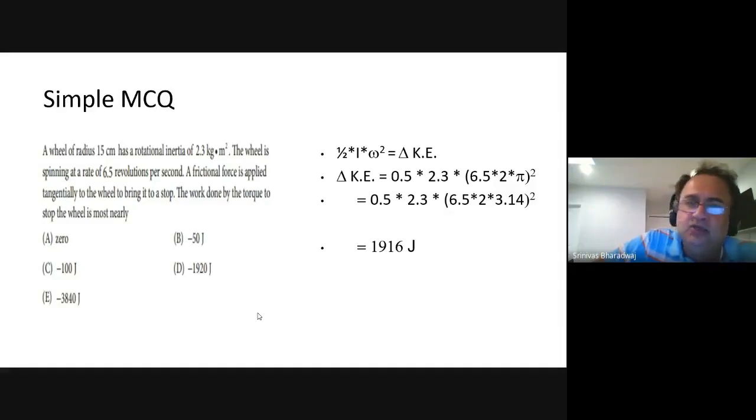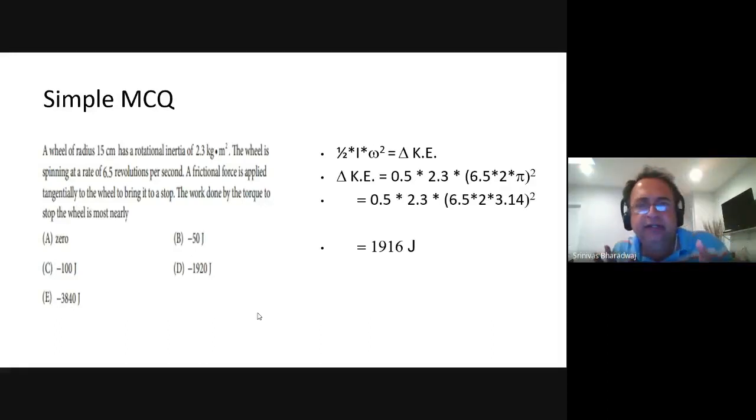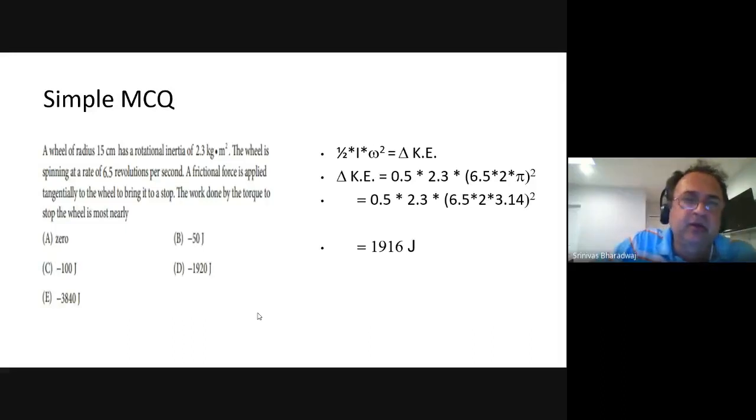Half I omega square will give you the change in the kinetic energy. Okay, so its initial energy is what? When you're rotating, it's half I omega square. Think of half I omega square also in this form. Every particle has a half m v square. v, you know, is r omega, right? So half m v square is the same as half m r square omega square.